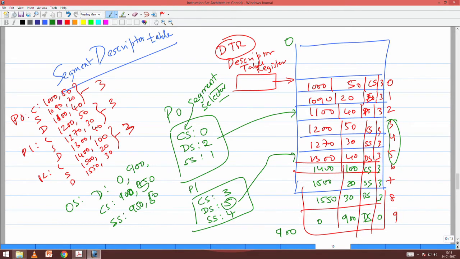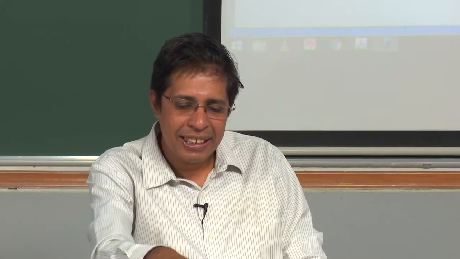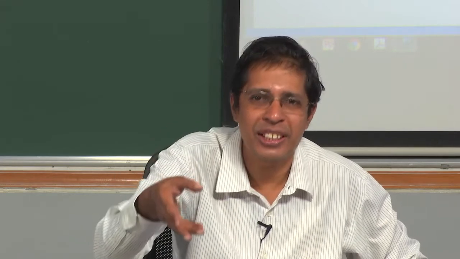Now the most important thing is that I cannot go and change anything here. As a user process like P0, can I go and change anything in this segment? If I want to read or write from this segment, I have to put some offset address, and that will get added automatically to my segment base.